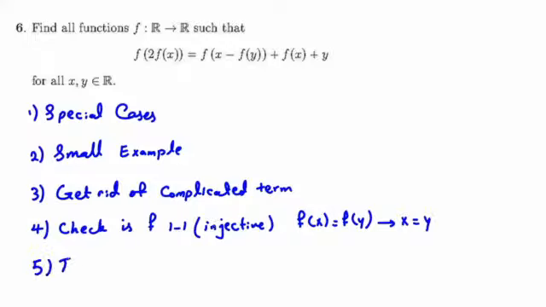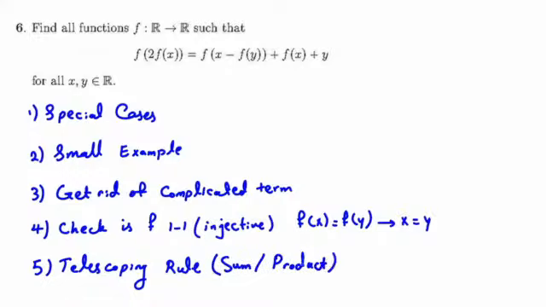Telescoping rule you should use in many problems. They are useful from, for example, round 1 from basic level exams when you see function problems up to IMO. Also, we solve IMO problems with these ideas. Telescoping rule, sometimes telescoping sum, or sometimes telescoping product. And lots of, I said, around 20 important ideas. So let's start to solve this problem.